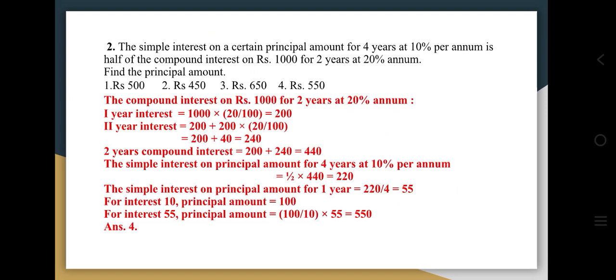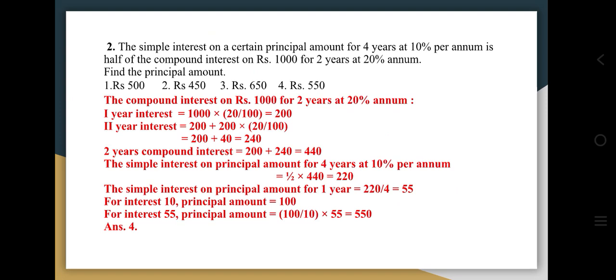So for 100 the interest is 20. For 200 it is 2 into 20, or 200 into 20 by 100, which is 40. For 1000 the interest is 200. So 200 plus 40, that is 240. This is the second year interest.